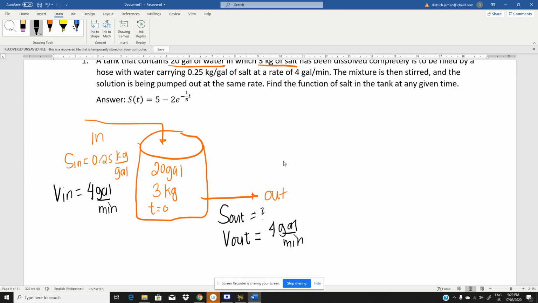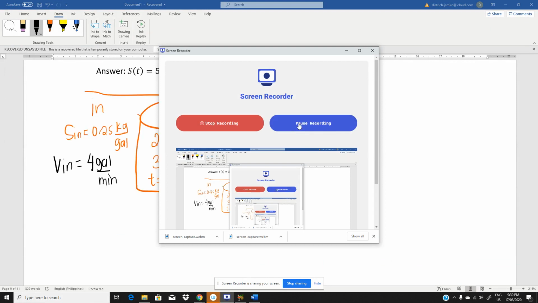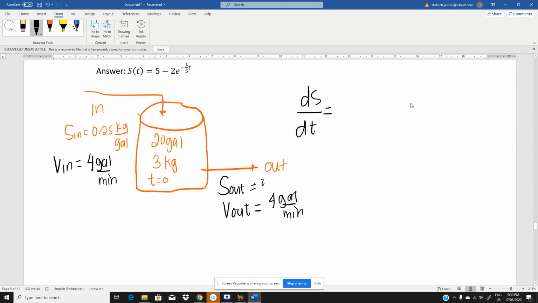So as you can see from our general formula, ds over dt is equal to S in multiplied by V in minus S all over V O plus T multiplied by our V out.